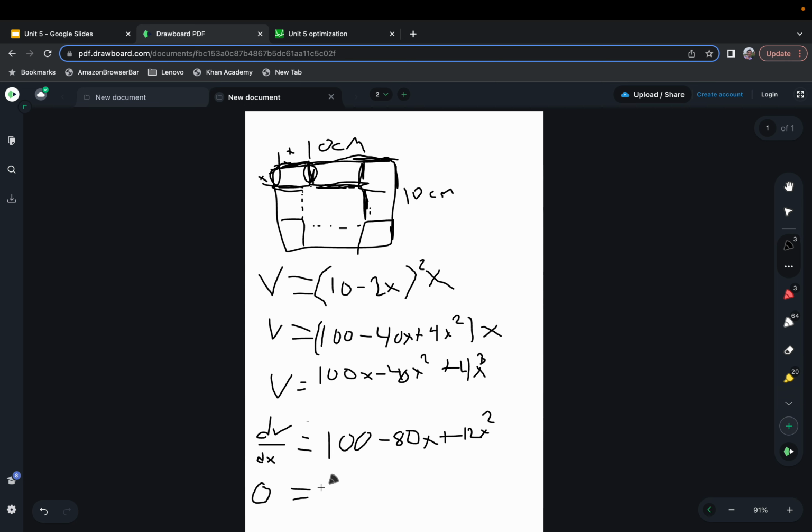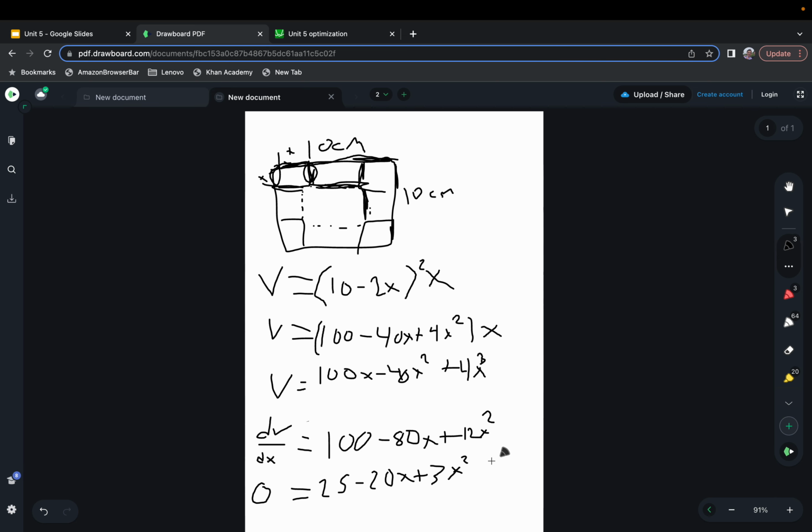So just to make this a little easier to look at, I'm going to divide everything by 4. 25 minus 20x plus 3x squared.